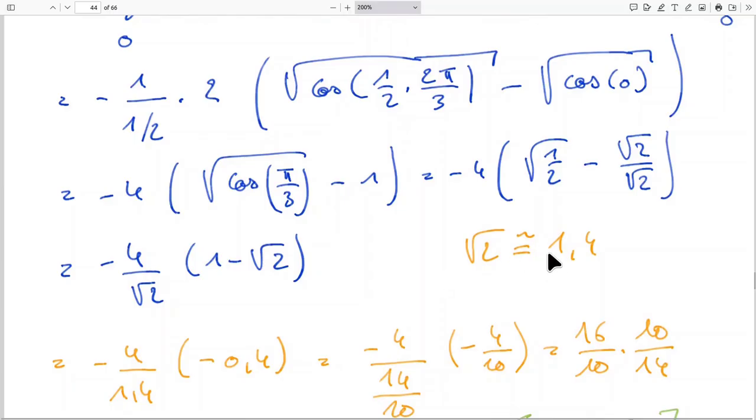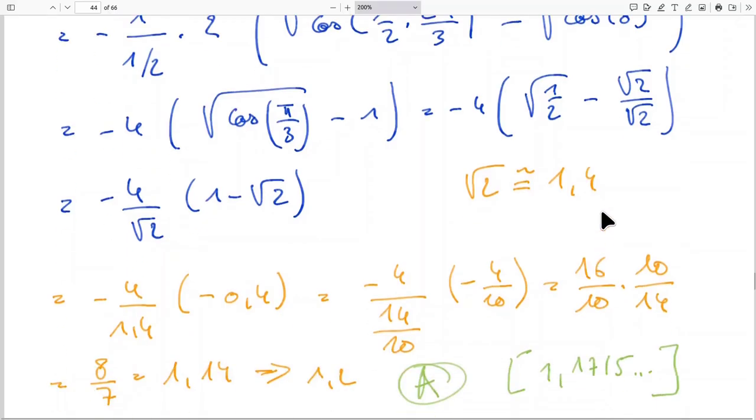The square root of 2 is approximately 1.4, so that gives us 4 over 1.4, and then minus 1.4, or minus 4 over 14 tenths times minus 4 tenths, or 16 tenths times 10 over 14.